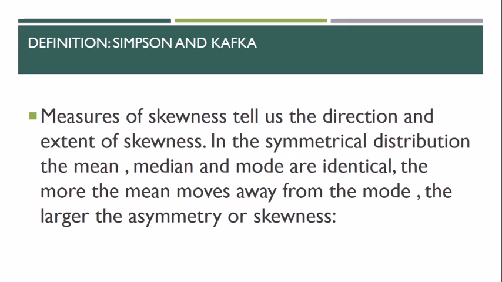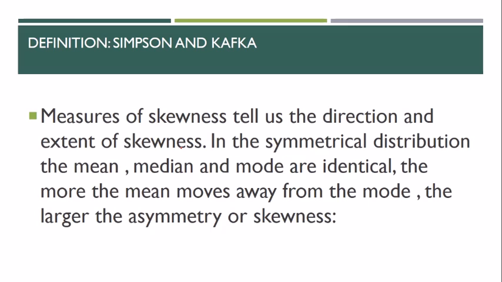Now the definition of skewness, and this definition is put forward by Simpson and Kafka. The definition goes like this: measures of skewness tell us the direction and the extent of skewness. In short, in a symmetrical distribution, the mean, median, mode all coincide or they are identical.